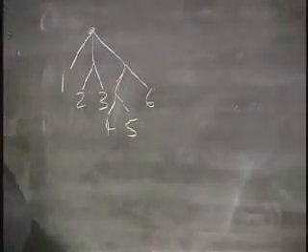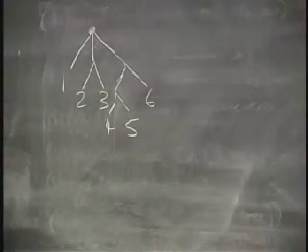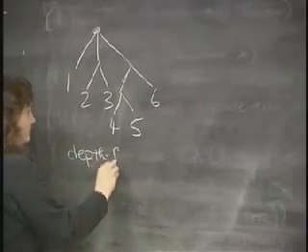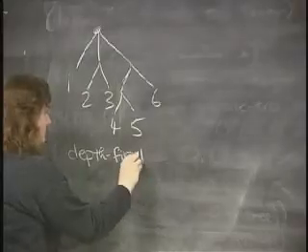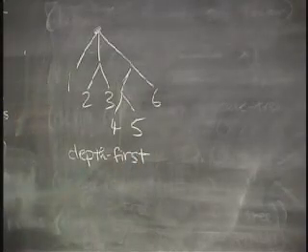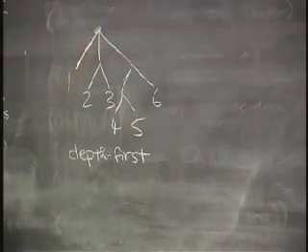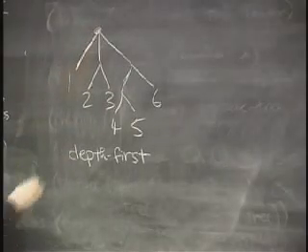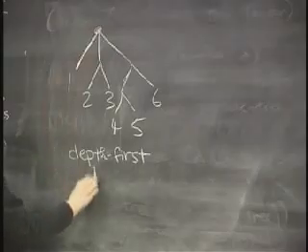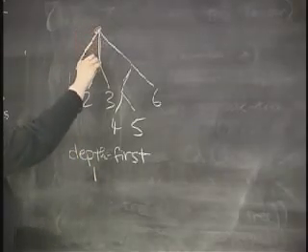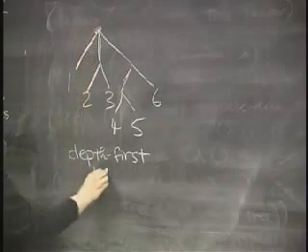Everything that we've been doing so far would be a depth first traversal. What that means is we go to the left branch and we go down as far as we can till we hit the leaf. Well, in this case, it's just a 1. Then we go back to the main node, go down the next branch and follow the left one down as far as we can.